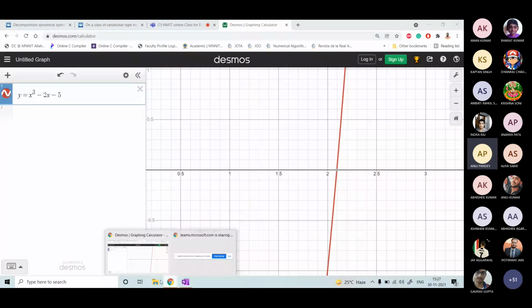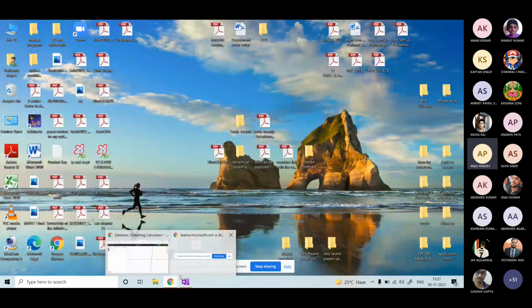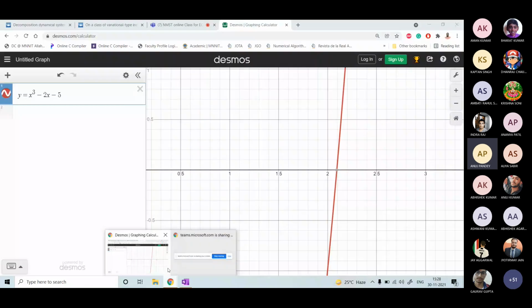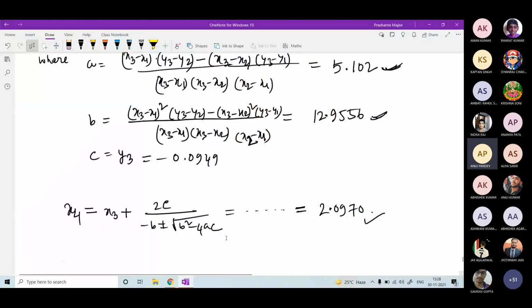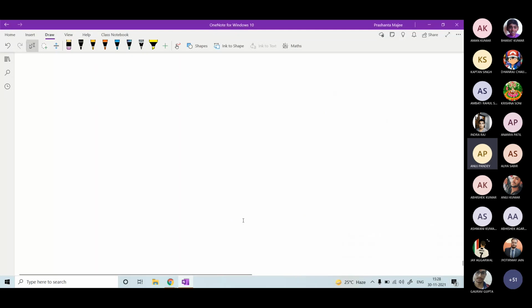One more method we are going to discuss. This will be the final method. It is known as the Lin-Bairstow method, or simply Bairstow method. This method is used to solve only polynomial equations. Muller's method can be used to solve arbitrary equations.